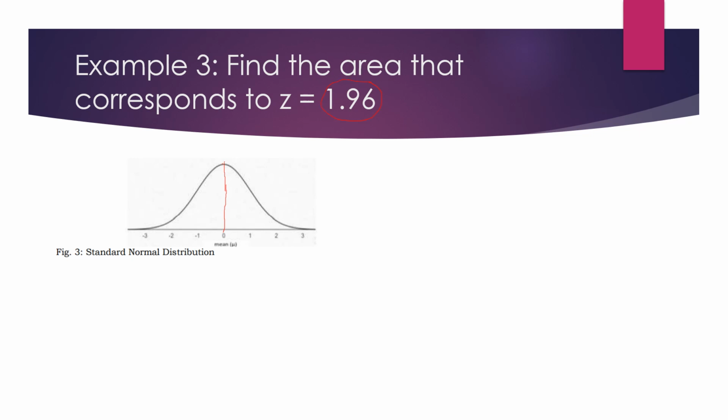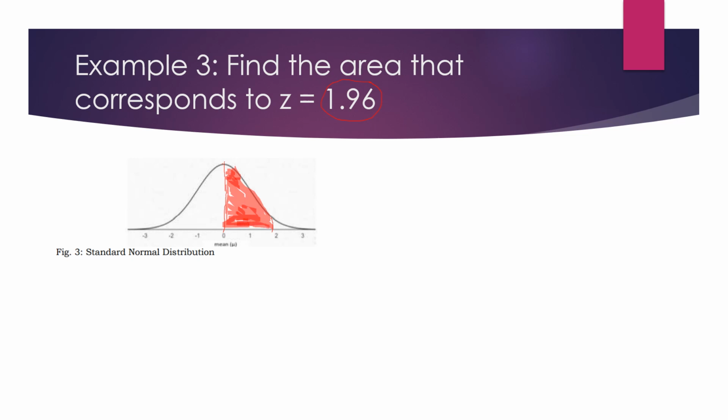And that is less than 2. So if this is 2, it is at the left side of 2. Then let us shade the given region. So this is z equal to 1.96.